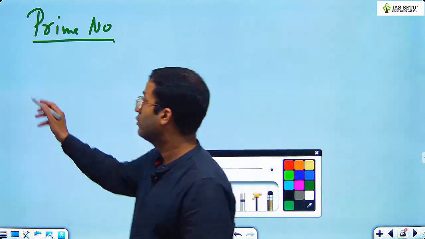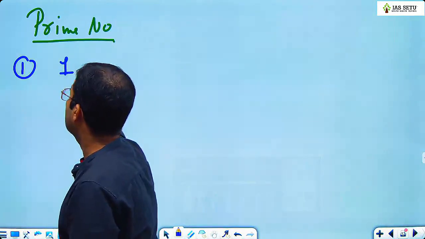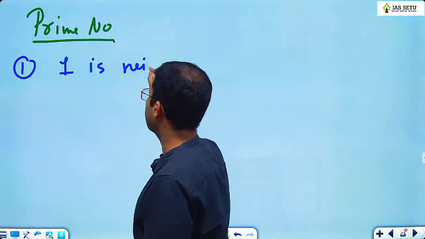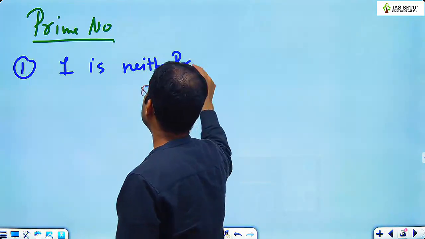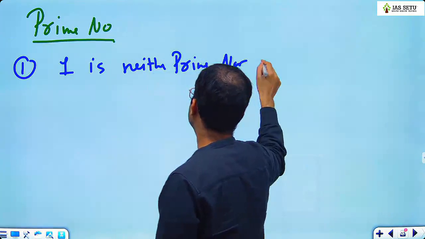Now, first statement: one is neither prime nor composite.